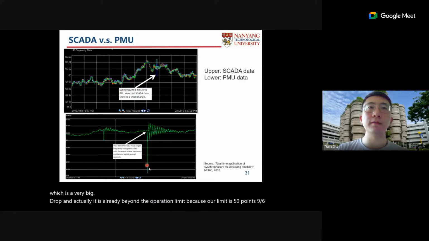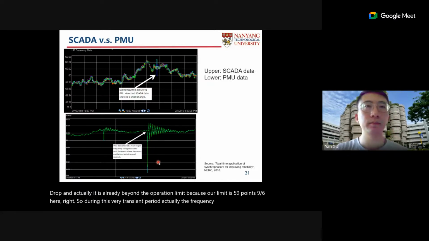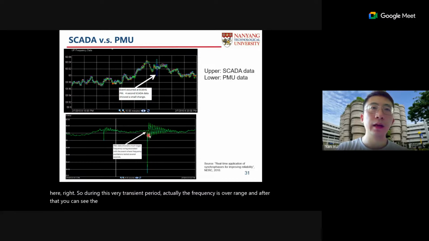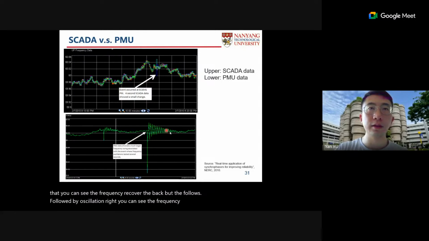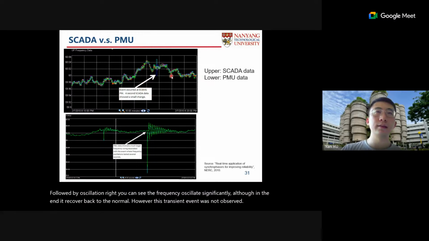So during this very transient period, the frequency is out of range. After that, you can see the frequency recovers back, but is followed by oscillation. The frequency oscillates significantly, although in the end it recovers back to normal.